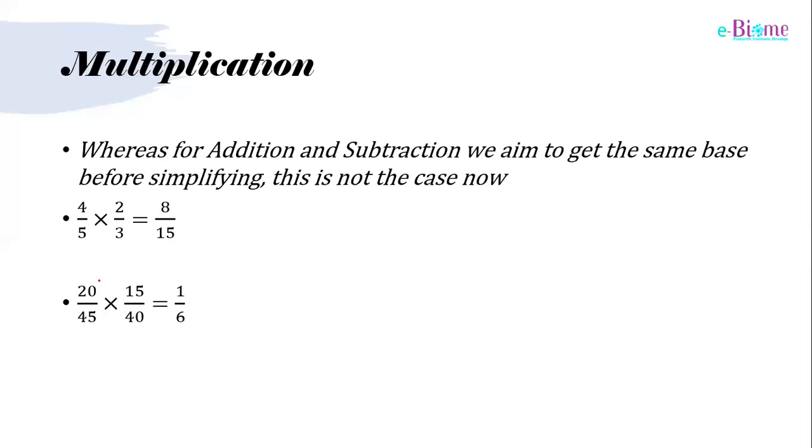Sometimes we can easily figure out the highest common factor, but sometimes we only pick out a smaller factor, like 2. 2 into 20 would have given us 10, and 2 into 40 would have given us 20. Then we would have realized that it can be simplified further.